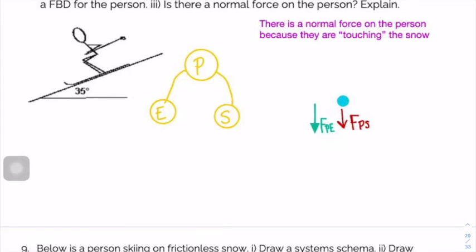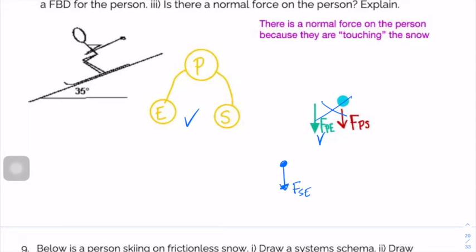Okay, so we are okay with the system schema. Not okay with the free body diagram. Here's the person. Force on the person by the earth, so that one is correct.